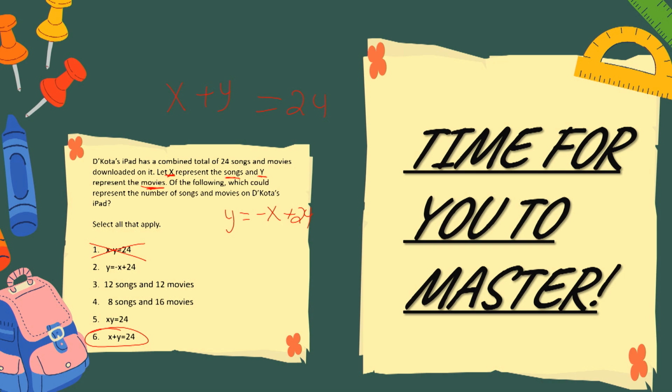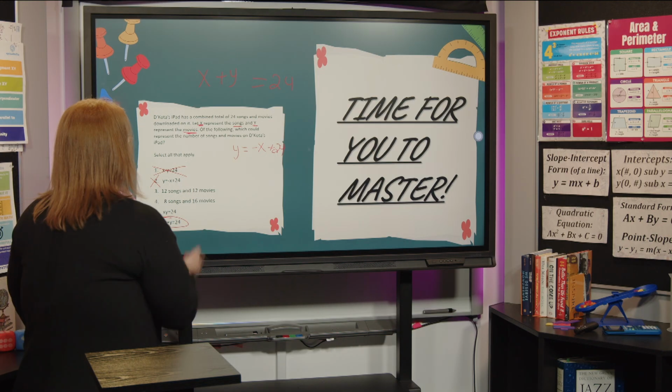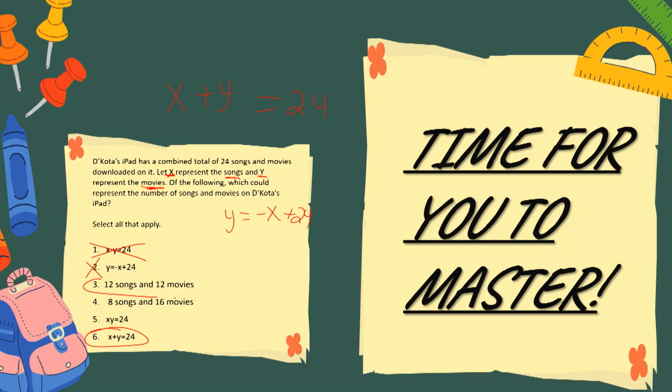Possibly, it's a true statement, but can I have a negative song? I can't have a negative song. So while this is a true statement, it cannot be a true statement for the passage that we have. I can have 12 songs and 12 movies. I can have 8 songs and 16 movies.